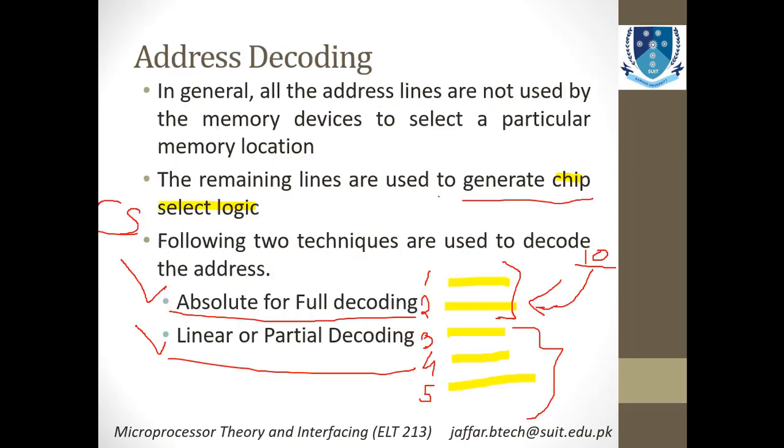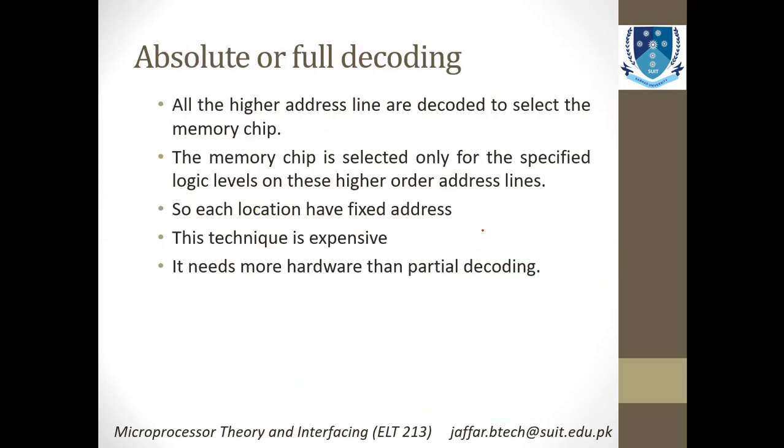As I've already told you in these examples, to select a memory location you go for the higher address lines, not the lower ones. Once you have done this, the remaining lower lines will be used as the method to select your chip select logic.